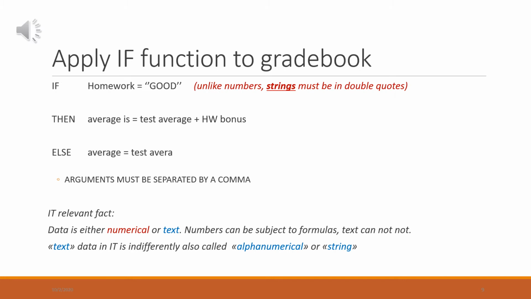Then the average of the semester will be the average of the test plus the homework bonus. Case false. Else, what else? If it's not good, the average of the semester is just the test average. All arguments inside the parentheses must be separated by a comma. Next slide will show the example, and then there is a screen recording of me doing all this.